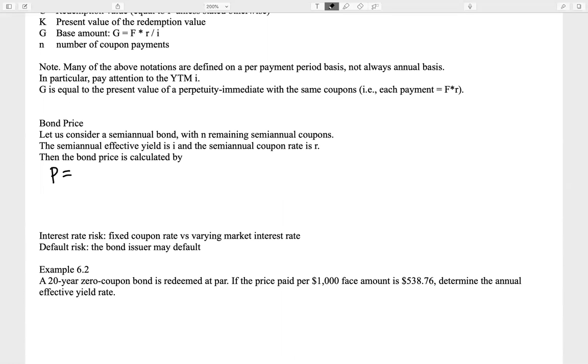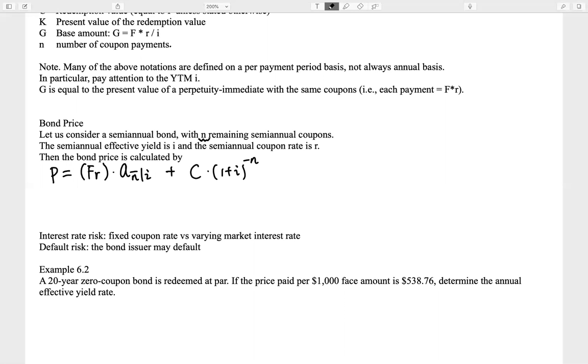So here n is a little different from the n down here. Since there are n left, and I know the coupon is F times r, this is the size of coupon, I need to multiply by the present value of the remaining ones. Again, here I will match the payment period, plus the face value times the discount.